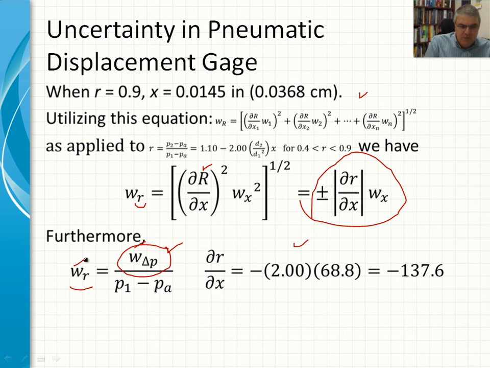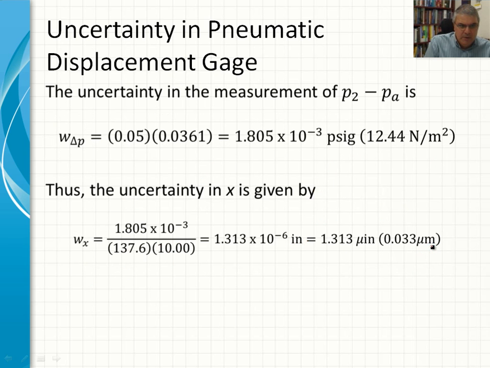And this is W sub R. So now we are going to use that equation that was given, and remember this is plus and minus, so it could be shown as plus and minus. We use the minus sign. In this case, we multiply 68.8 by 2 minus, 137.6.